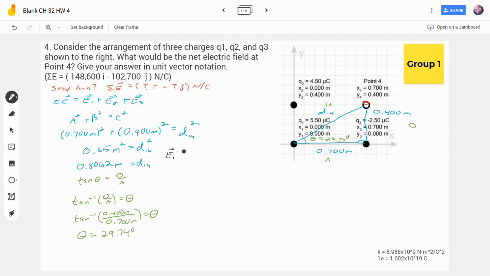E1, I'll lose the vector hat, I don't really need it for this part, is equal to K Q1 over the distance from 1 to 4 squared. So E is equal to K, which I've got down here at the bottom, 8.988 times 10 to the 9th. Q1 is 5.50 microcoulombs.